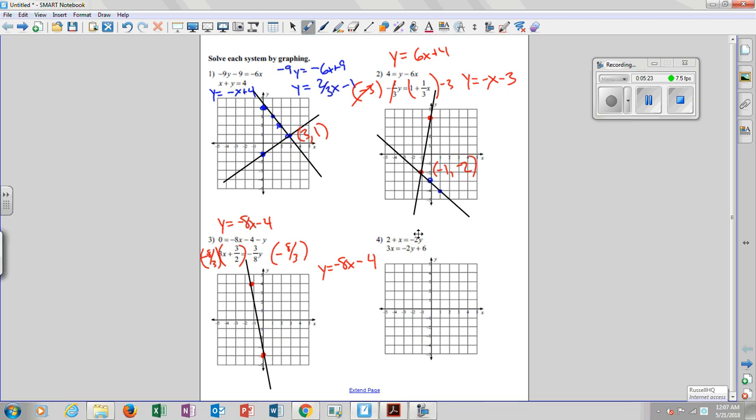Number 4. First divide by -2. It's going to give me y equals -1/2 x minus 1. That's because 2 divided by -2 is a -1, and 1 divided by -2 is -1/2.